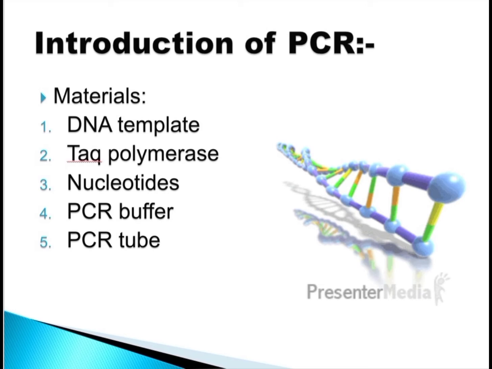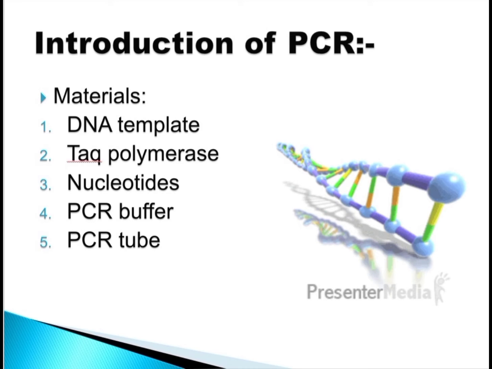Nucleotides are the basic units of DNA. The PCR buffer is used in the polymerase chain reaction to maintain its pH. And the last one is the PCR tube, which is used to hold the sample.